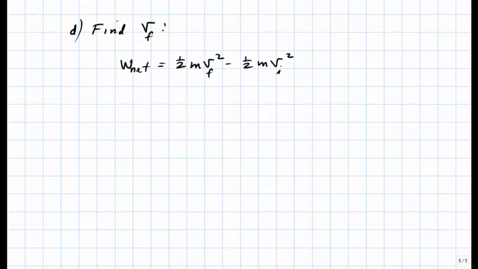So we'll extend 4 fingers from W net. The first one is the work done by the student. The second one is the work done by gravity. We have to also consider the work done by the normal, as well as the work done by friction.